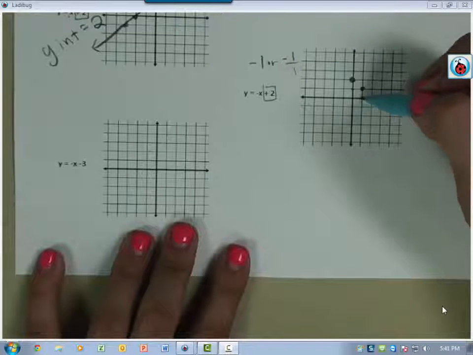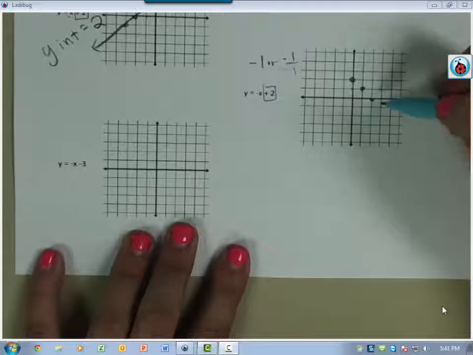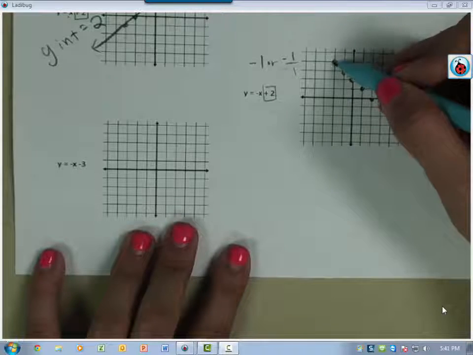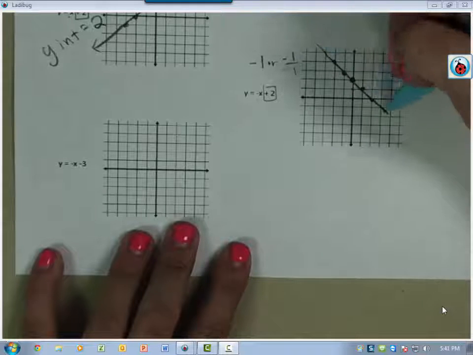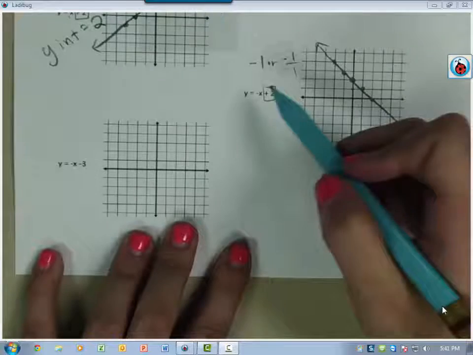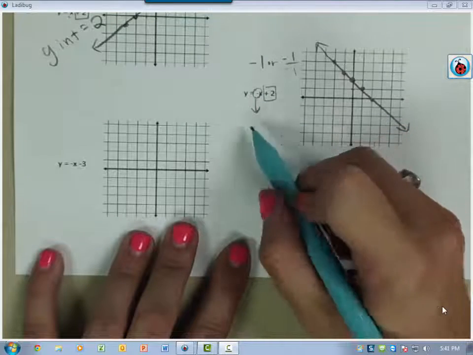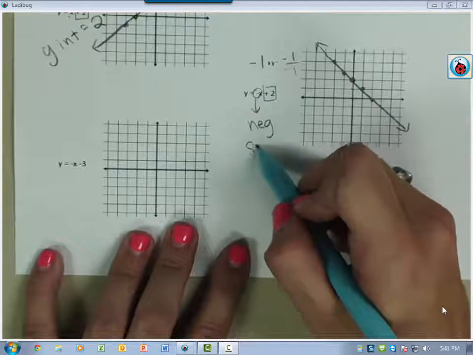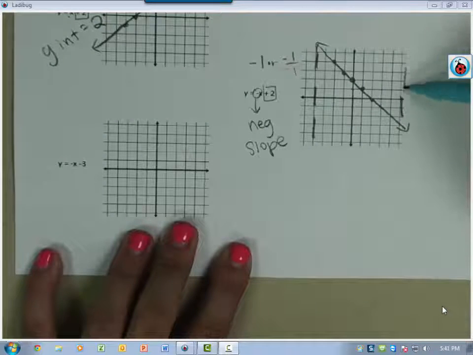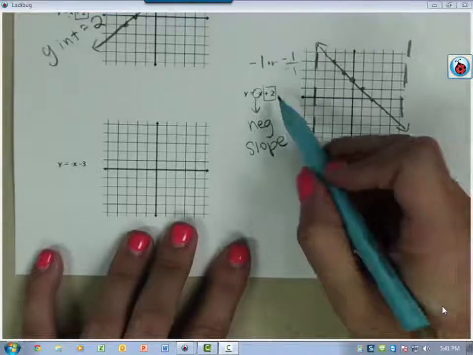What you do one way, you have to do the other though. So up 1, back. This negative means there will be a negative slope. Remember, this kind of looks like an N. Alright, and it still crosses at a positive 2. Your y-intercept is still 2.